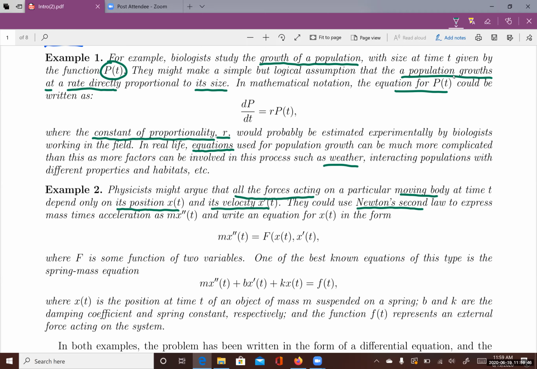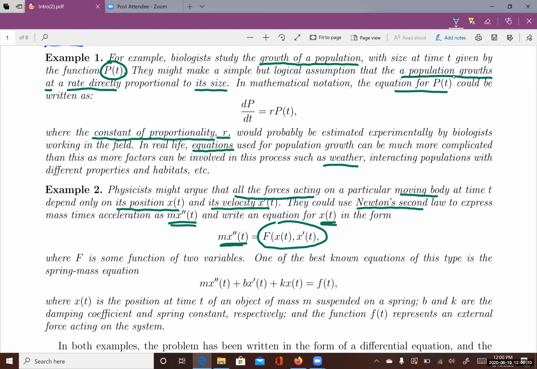So then one can use Newton's second law, right, to express the mass times acceleration and write an equation for x of t in the form. Again, x of t here is the position of the object. So the mass times the acceleration equals f, right?